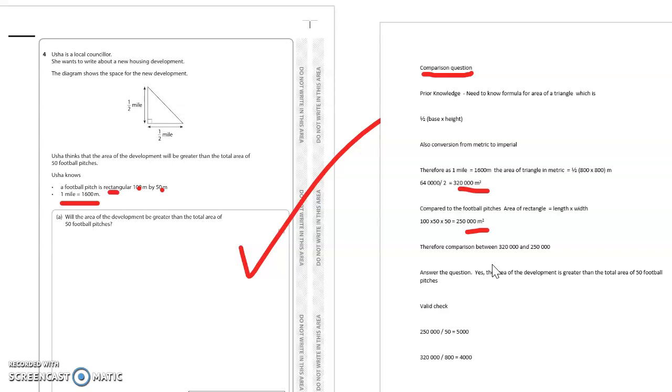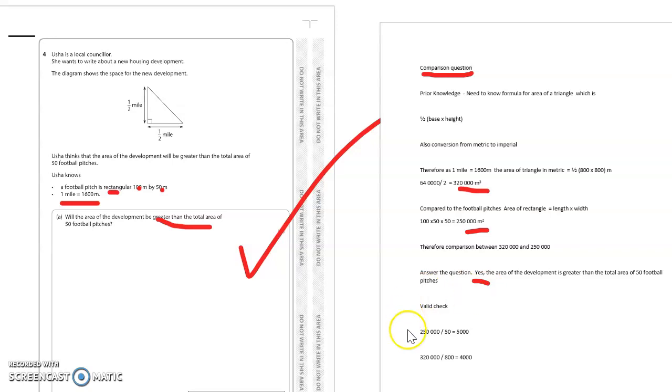You do need to write that down for an extra mark with the answer yes, because it's asked us, will the area of the development be greater? So we need to say yes. Again, just to stop any confusion, I expand that a little bit: yes, the area of development is greater than the total area of 50 football pitches.